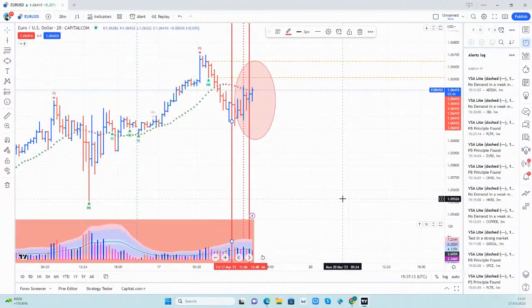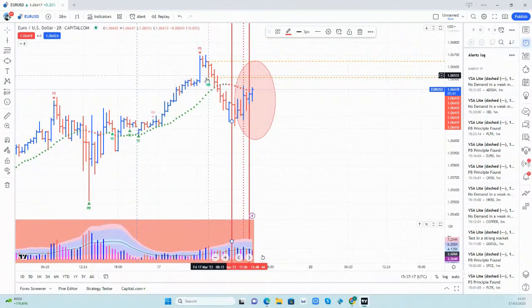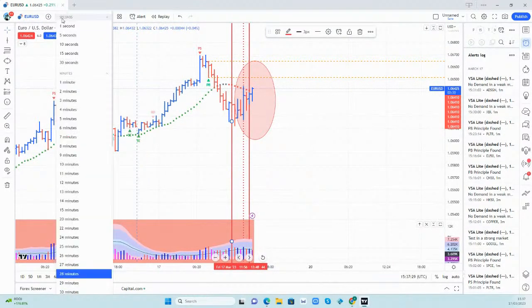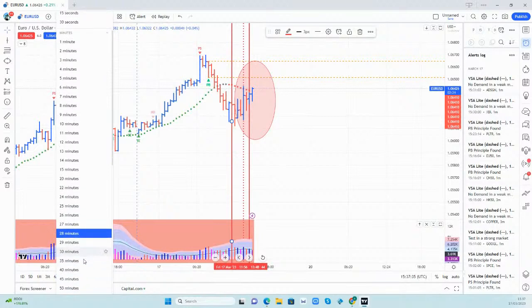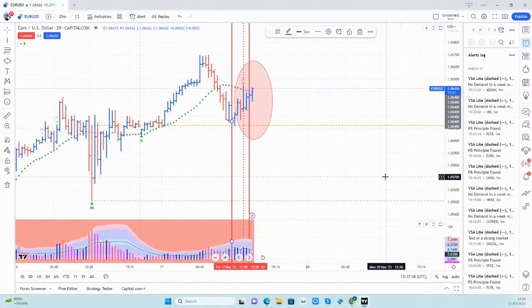28 minutes chart. Again, potential professional buying hasn't been confirmed. A PS was confirmed, and we are obviously below both trigger lines at the moment. And the trend hasn't changed yet. Okay, great. But have I seen any no demand? Have I seen uptrust? No, only on the lower time frame. So I wait. 29 minutes chart.